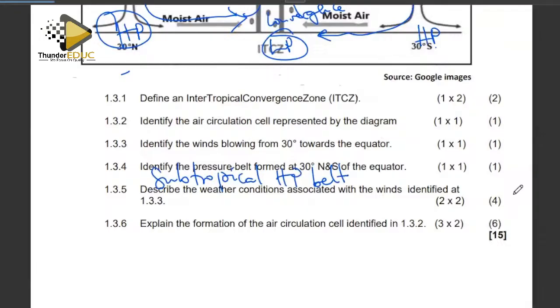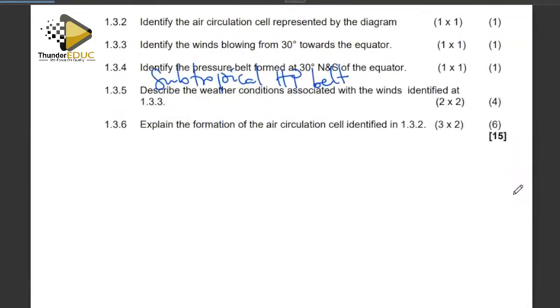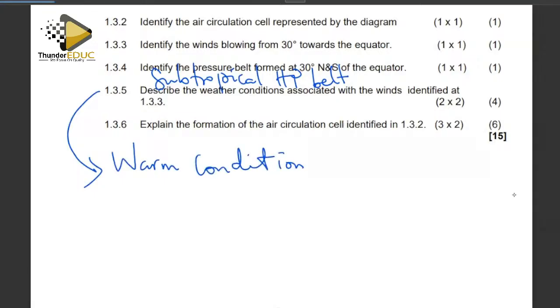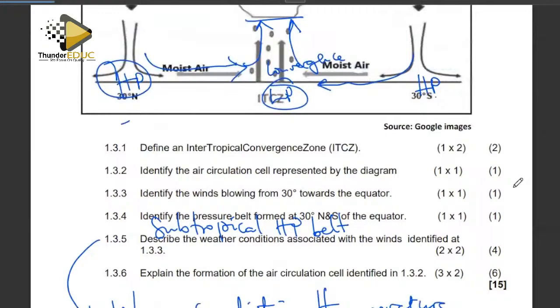Describe the weather conditions associated with the winds identified at 3.1. What are the weather conditions? They are associated with warm conditions or warm temperatures, because of the region that they originate from. They originate in warm conditions.